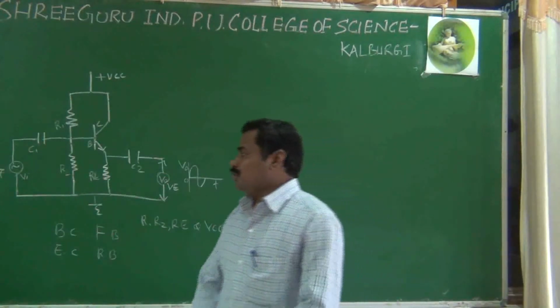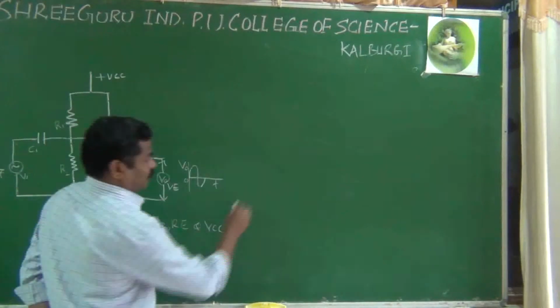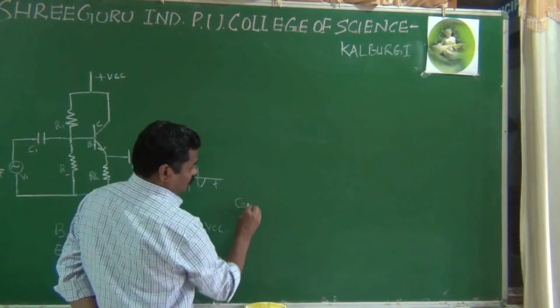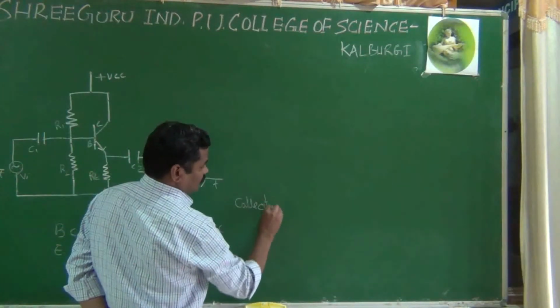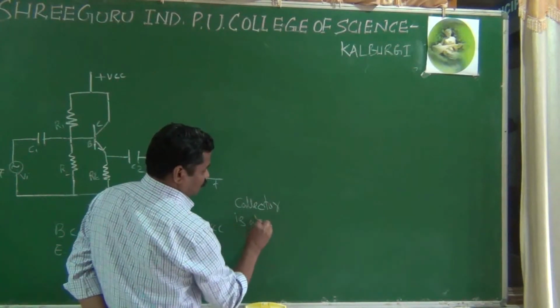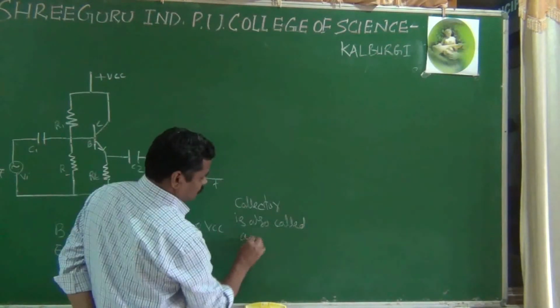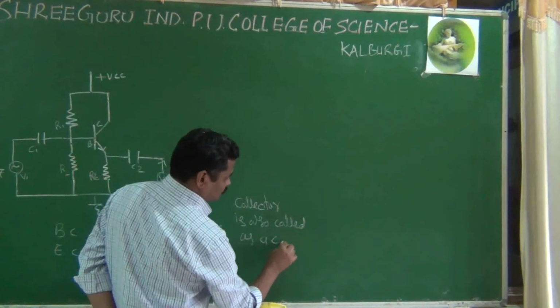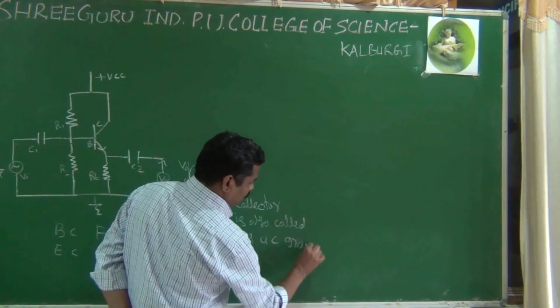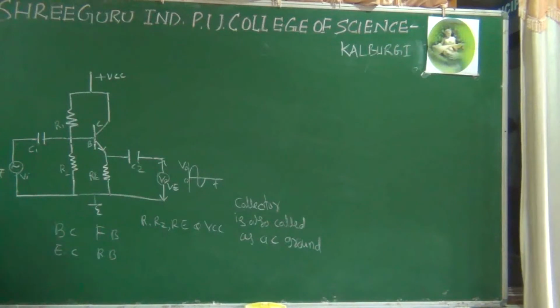Look here, the collector is also called AC ground. And why is the collector called AC ground?